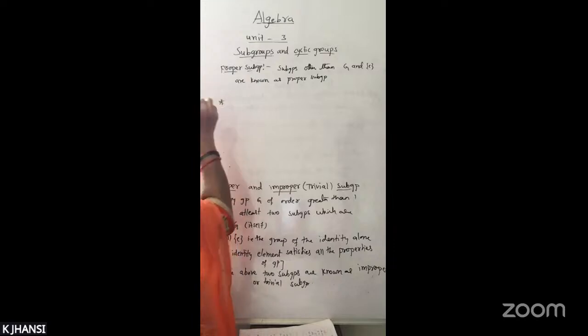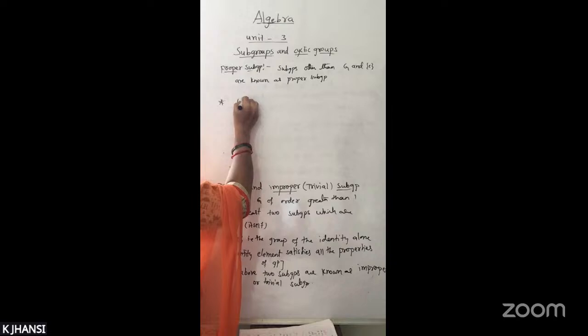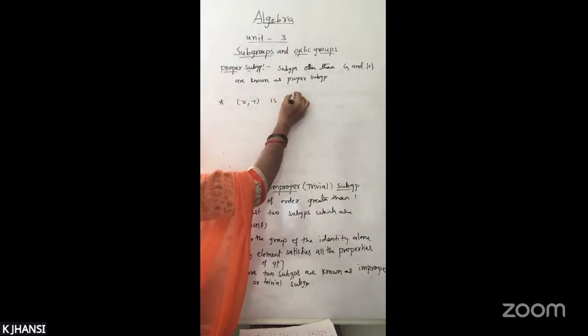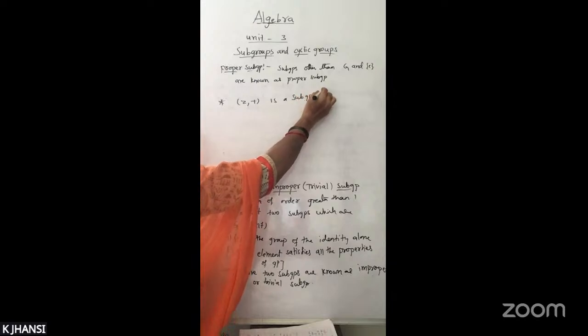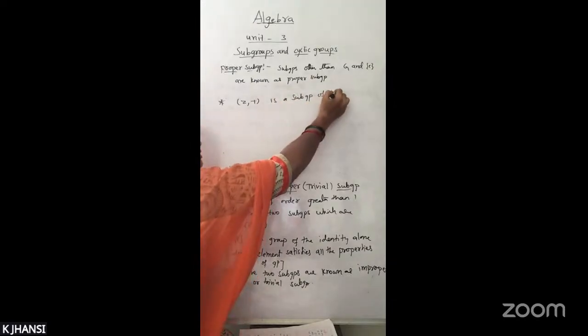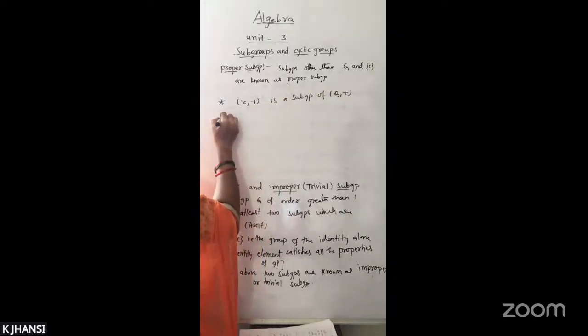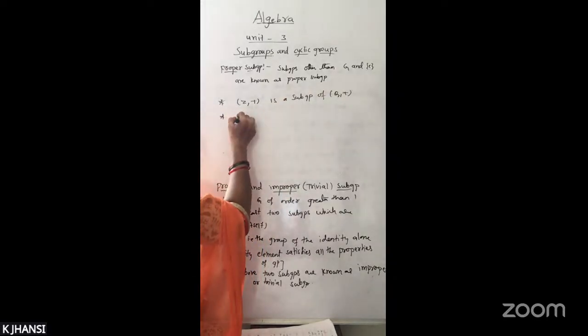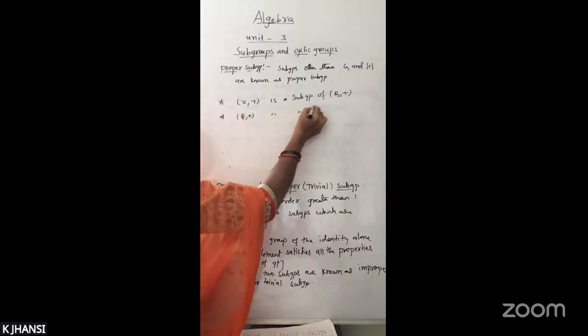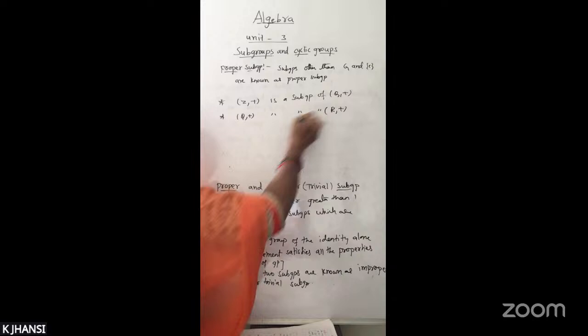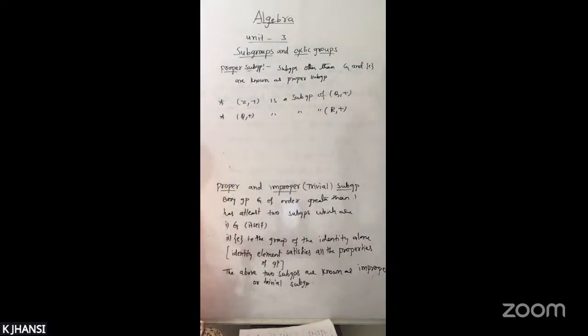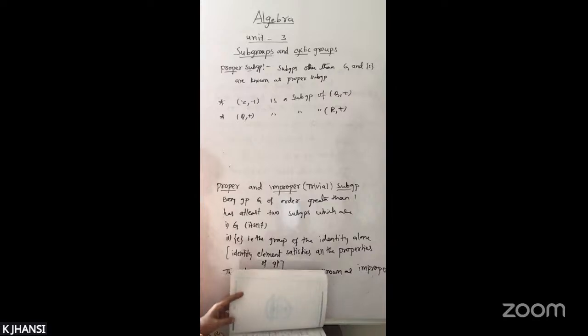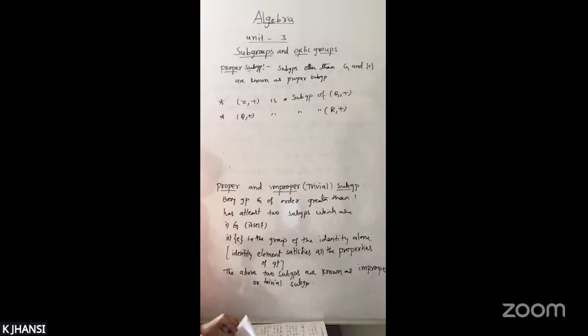You can see here, I am writing it as a note: Z comma plus is a subgroup of Q comma plus, and Q comma plus is a subgroup of R comma plus, that is the real numbers with respect to addition. Okay. So you have examples here. These are the additive groups, that is, with respect to addition we have seen.